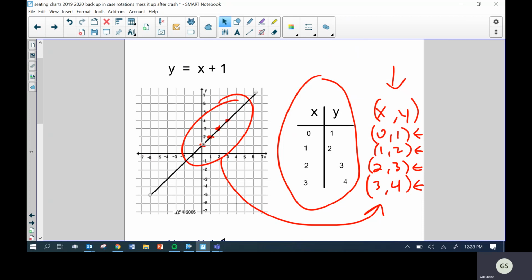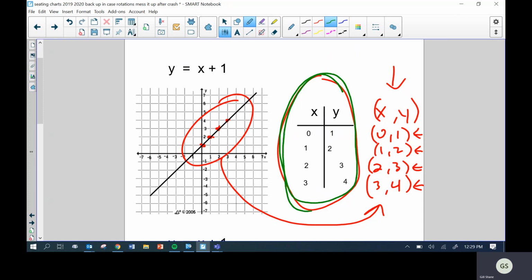And we've created a line by just plotting points on the graph. So that's one way you can create a line. You just find x and y values that make the equation true.